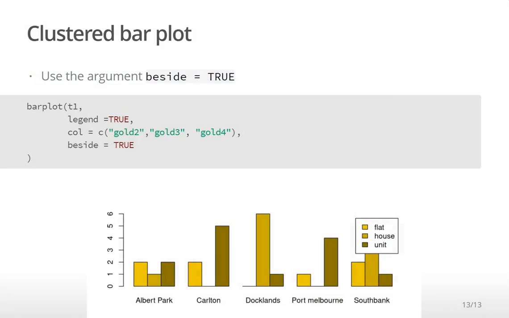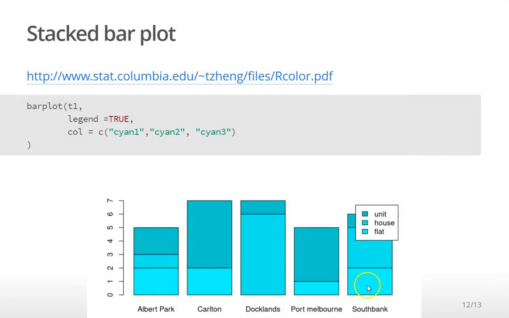The final step is you say, I really don't like this presentation. The bars are on top of each other. I don't like it. What I like is a column, the clustered bar plot. So you have to include one argument and it will be changed to what you need.